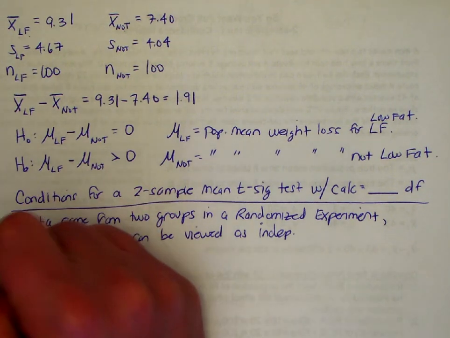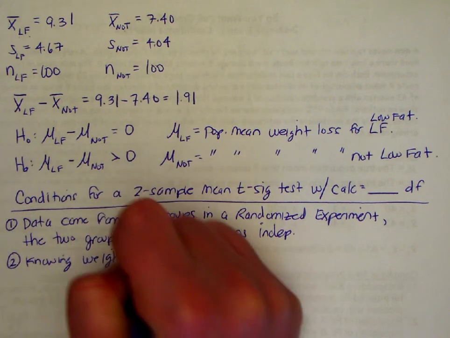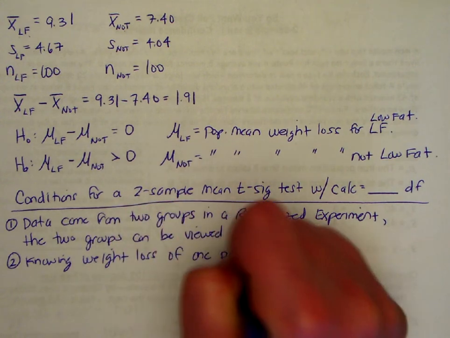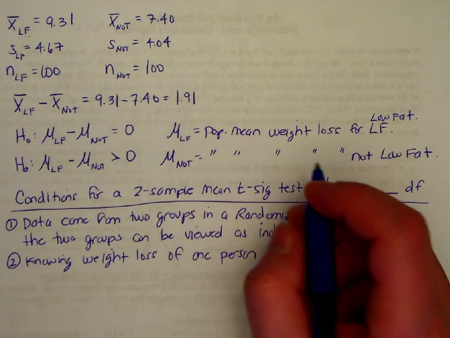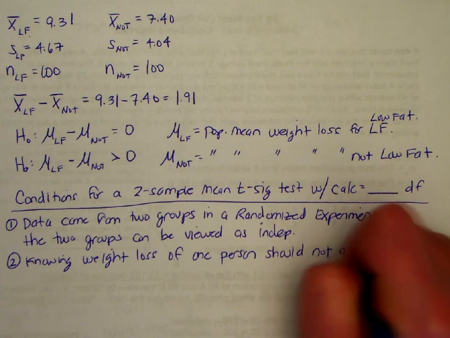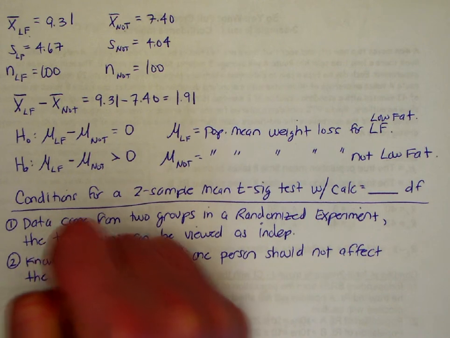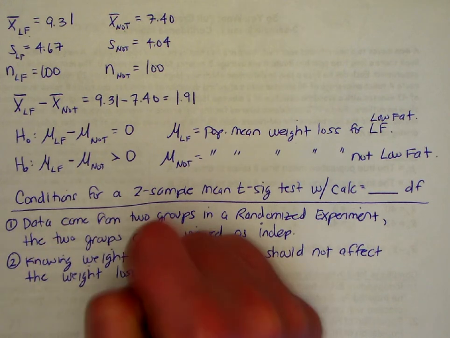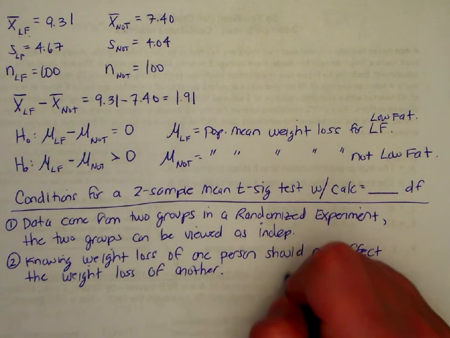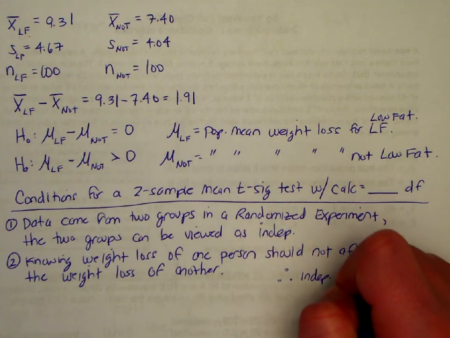So knowing the weight loss of one person should not affect the weight loss of another. So that's like within the groups that these people are independent. So these two conditions we've got, therefore, independent, I guess obese people.